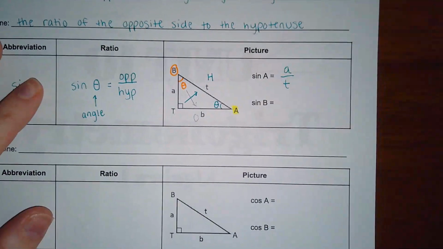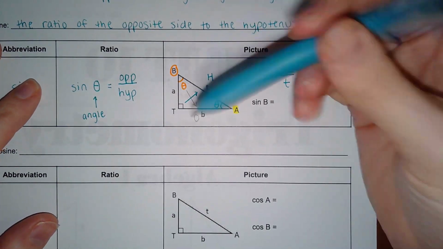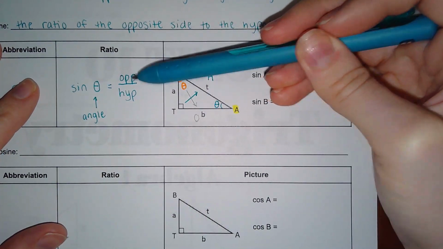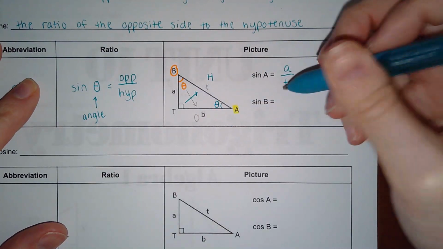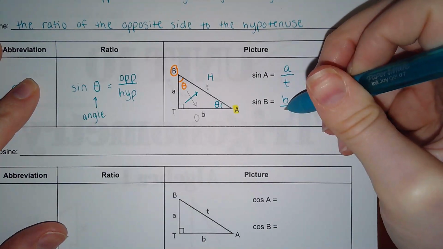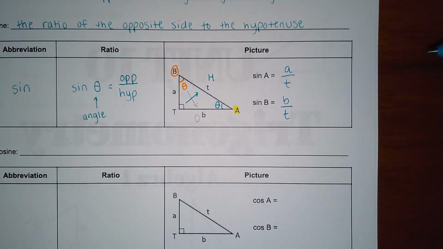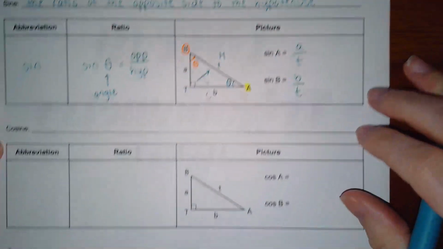So now B is my opposite side. And sine is opposite over hypotenuse. So if I do opposite over hypotenuse, that would be B over T. If you're a little confused, just hang in there. This will make a little bit more sense once we start adding some numbers in.